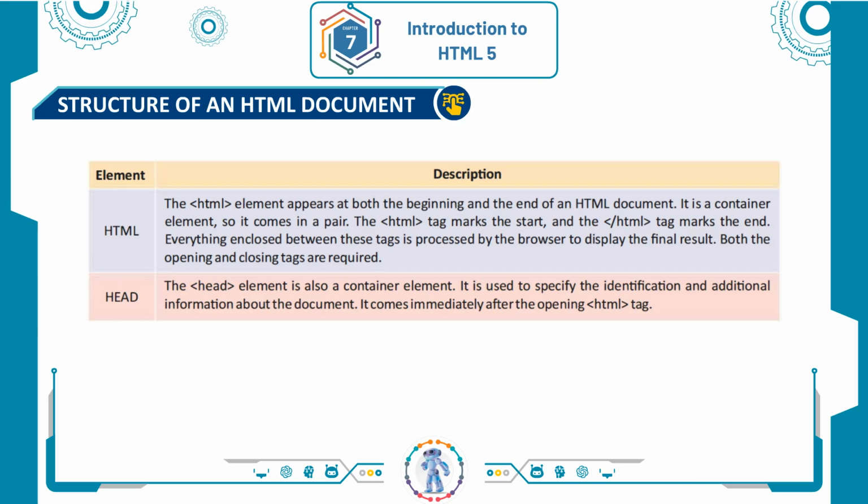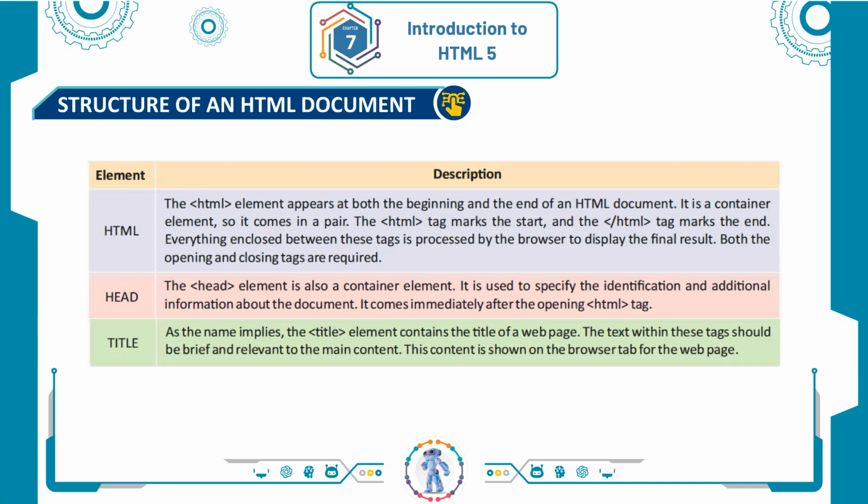Head. The head element is also a container element. It is used to specify the identification and additional information about the document. It comes immediately after the opening HTML tag. Title. As the name implies, the title element contains the title of a web page.